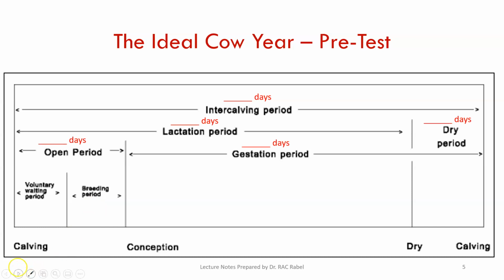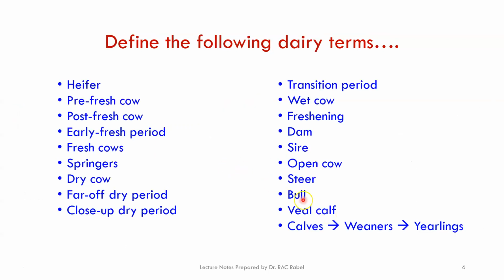Basically, the intercalving interval is the interval between two consecutive calvings. Ideally this should be 1 year, because of the seasonal nature in nature: every spring there will be a calf, meaning a 12-month interval.